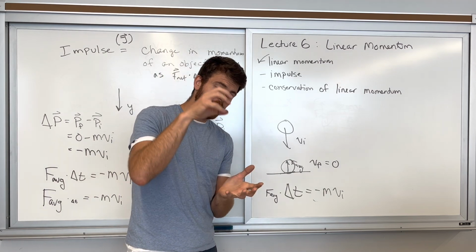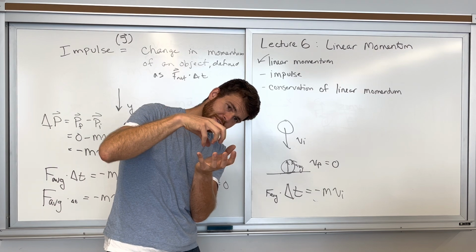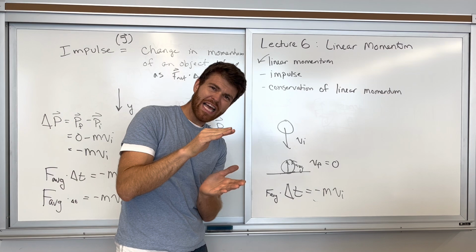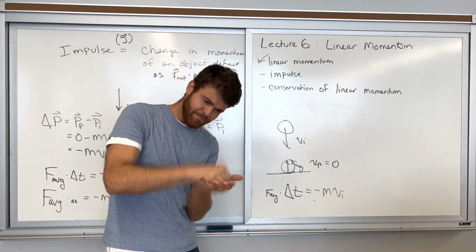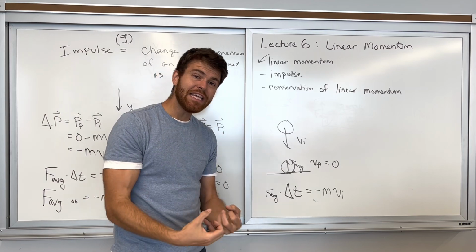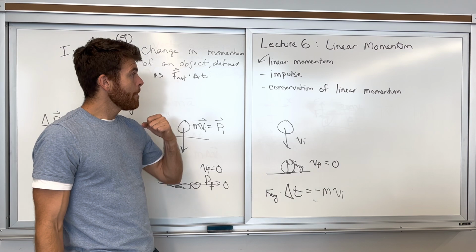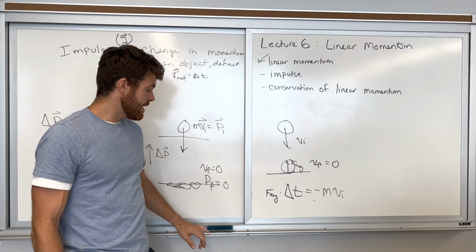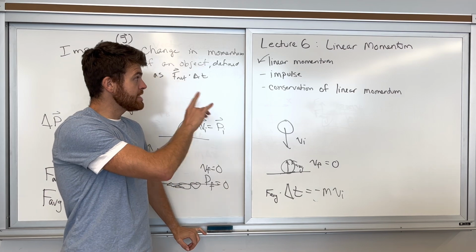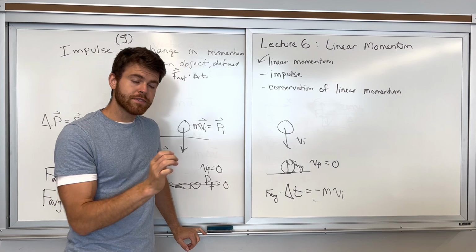However, if you have a helmet, as your helmet hits, it provides some give, and it allows your head to come to a stop over a slightly longer period of time instead of so abruptly. Just increases just a little bit. That decreases the force required. It decreases the trauma. So whenever we're trying to protect human bodies from impacts, we use this idea of impulse, and how impulse is the product of force and time.